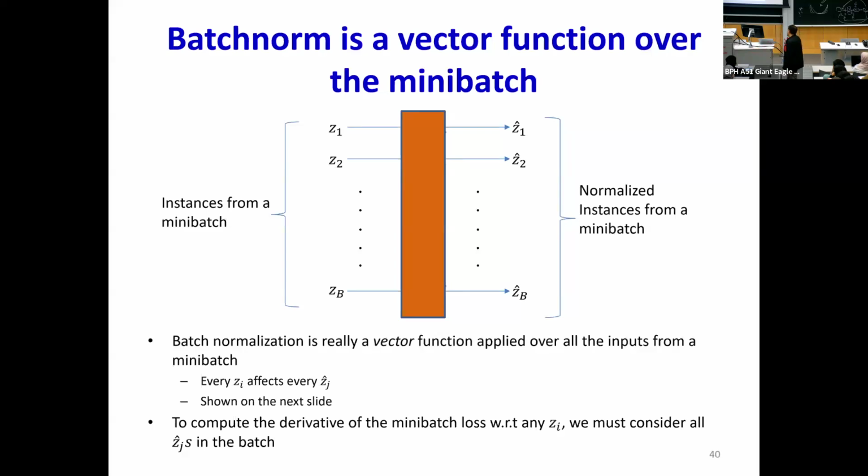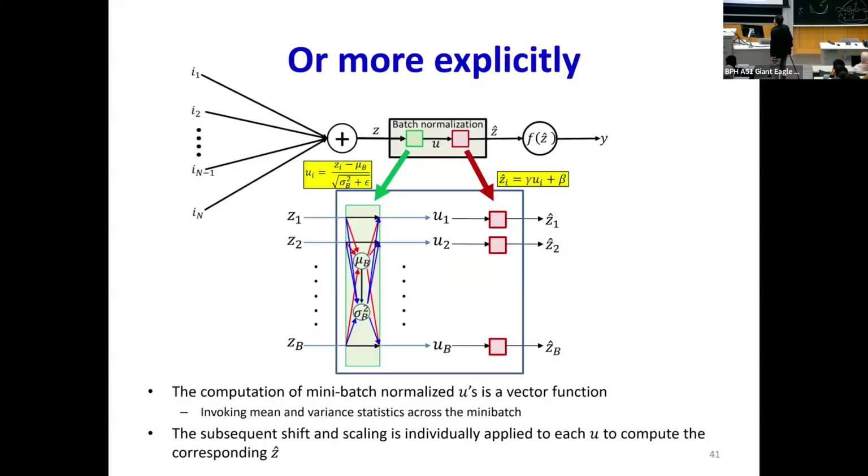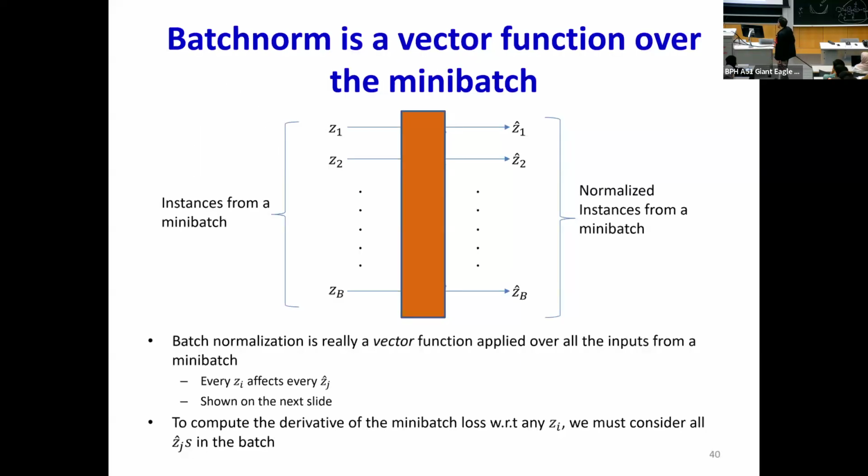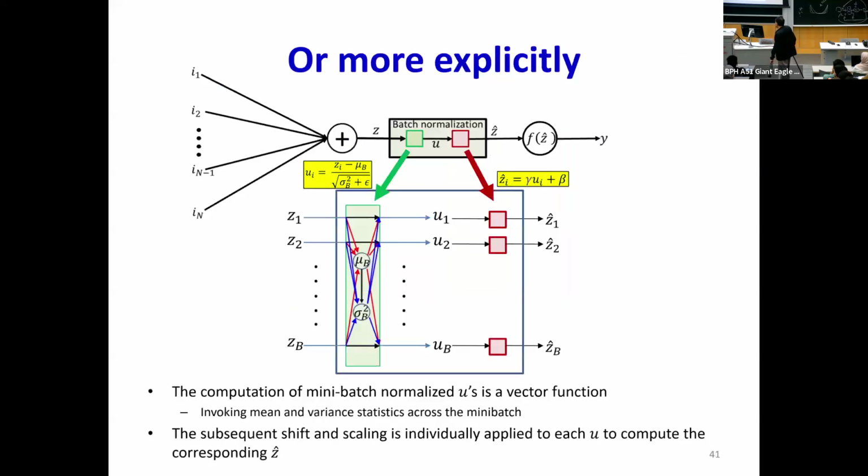And so if I want to actually draw the picture here, this is what you'd get. You have the mean of the mini batch, you have the variance of the mini batch. This is the entire mini batch. Every instance in the mini batch is used to compute the mean.